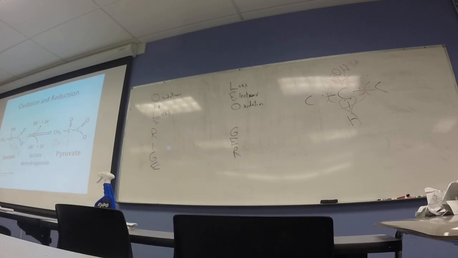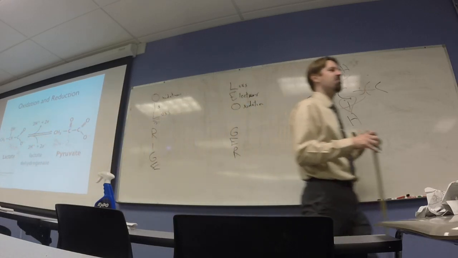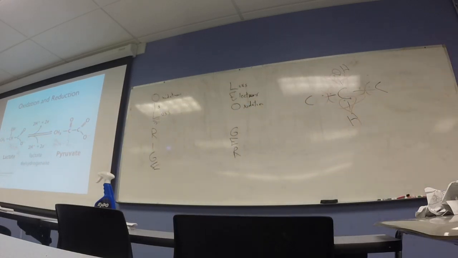In biochem, these are always going to be paired. You're not going to actually have free electrons wandering around. This is an incomplete reaction because those electrons have to go somewhere. Very typically in biological systems, they go to an electron acceptor called NAD+, which will then become NADH.